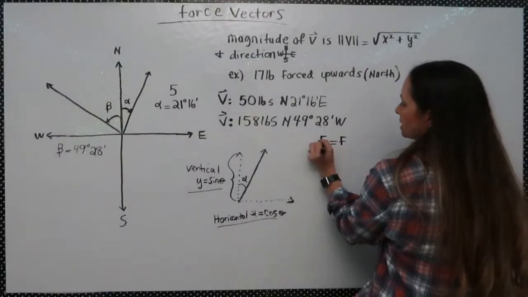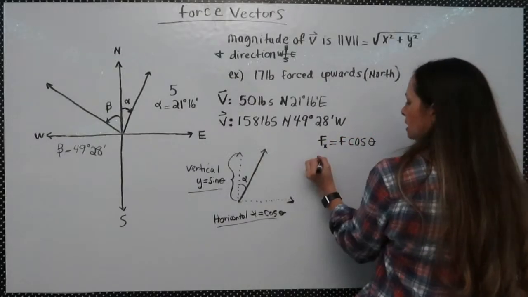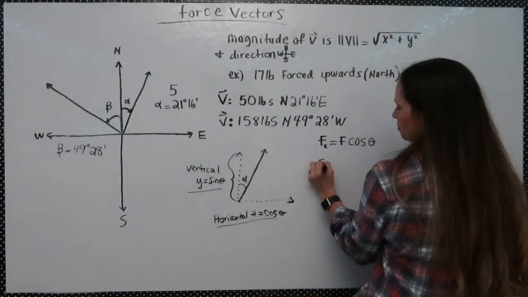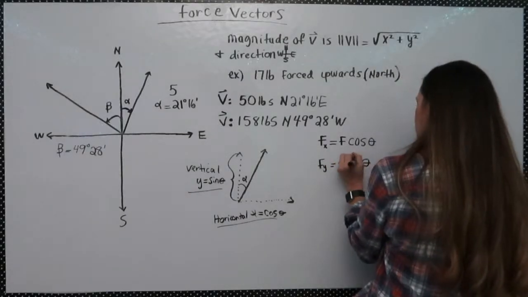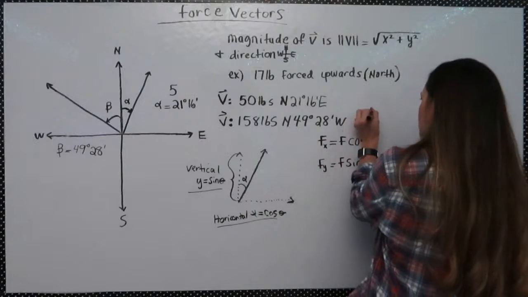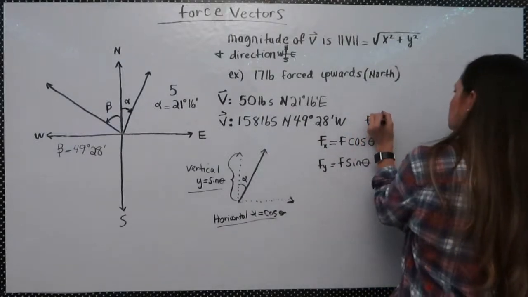So we'll say F sub x is F cosine theta, and F sub y is going to be F sine theta, where F is the magnitude.